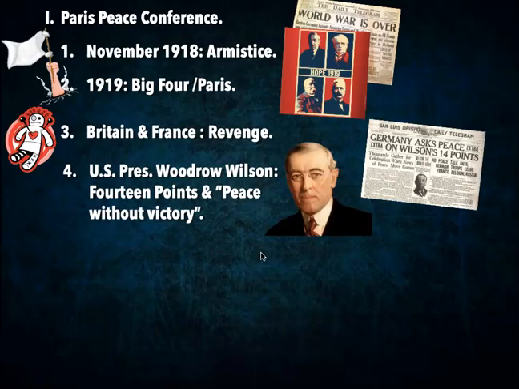And ours is forget about revenge. Revenge just kind of gets you on that whole, I don't know, like a little Ferris wheel where your revenge causes revenge, you get in that whole cycle. And so instead, our president, Woodrow Wilson, presents to the British and the French his plan for what he considers to be more of a permanent peace, or this idea of peace without victory, which means we're not going to rub anyone's nose in this, and we're going to make a very fair peace out of it.